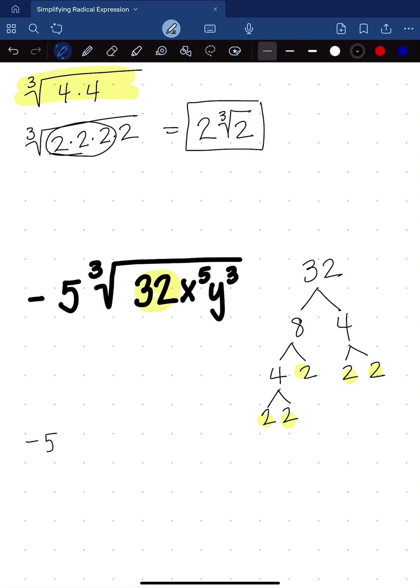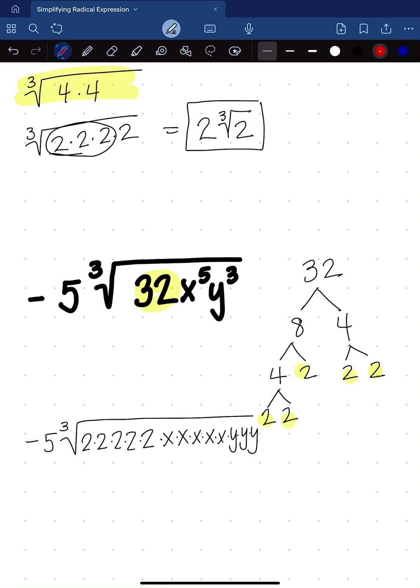So I have -5 times the cube root of 1, 2, 3, 4, 5 twos, and I have 1, 2, 3, 4, 5 x's. And then y to the third means we have 3, because we're looking for groups of 3 since this is a cube root. I have this group of 3, this group of 3, and this group of 3.